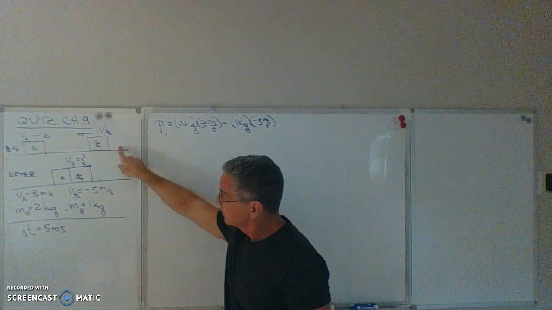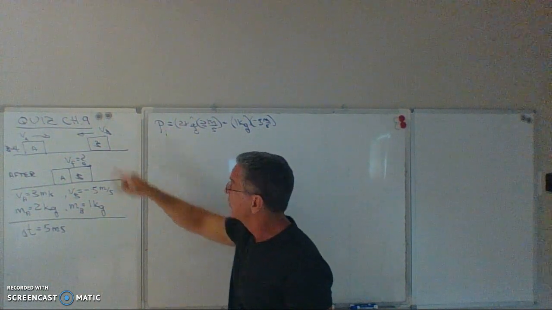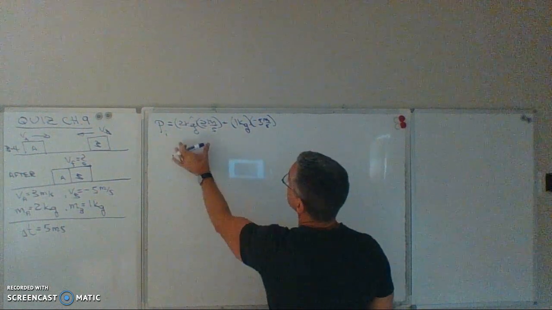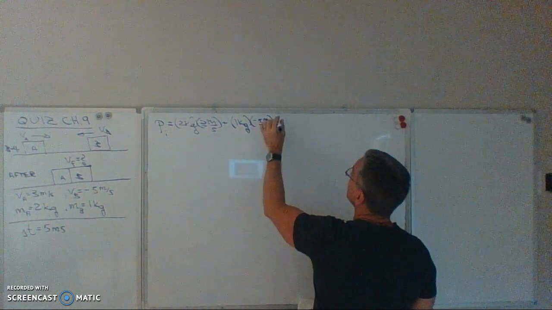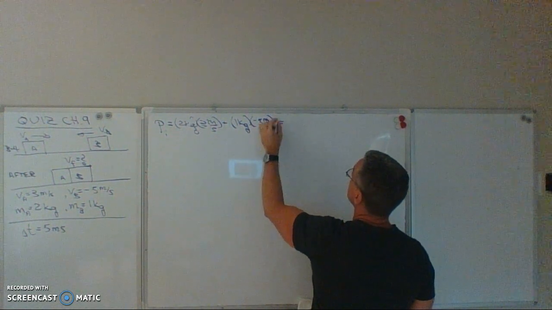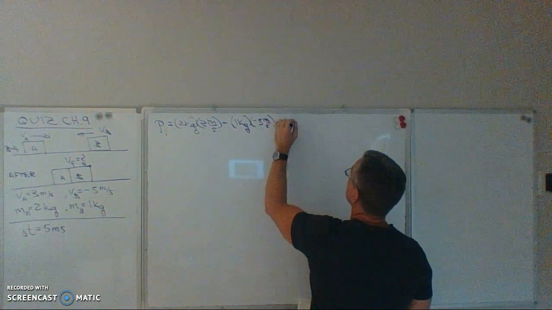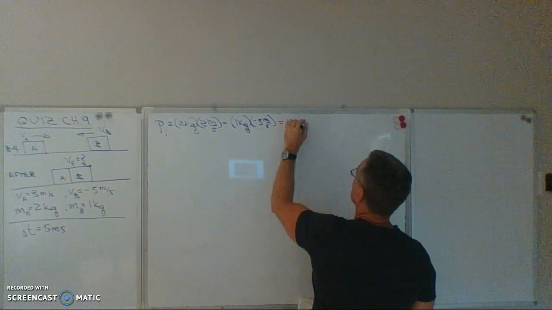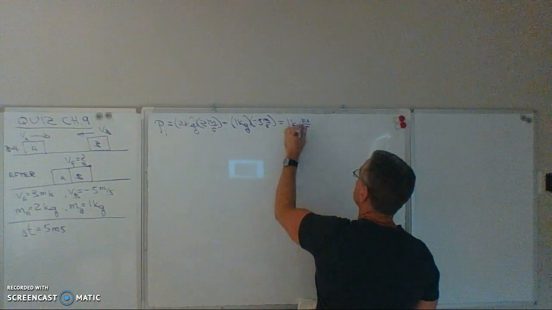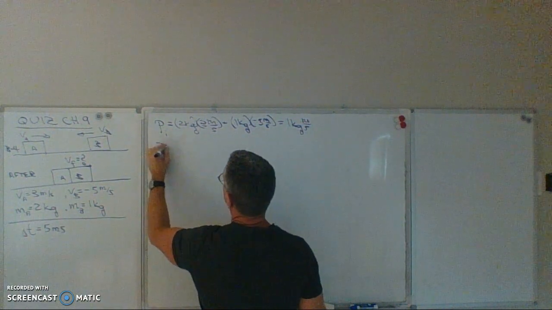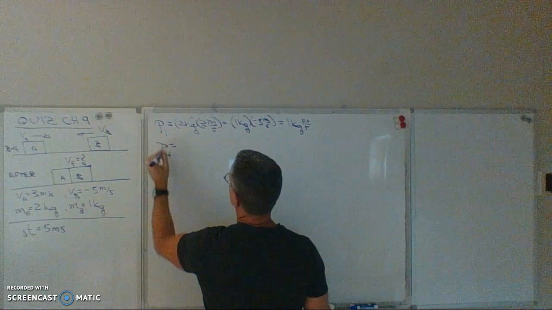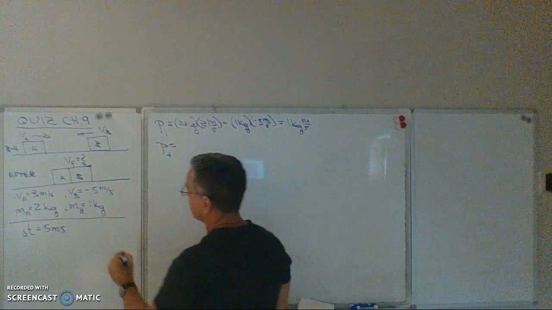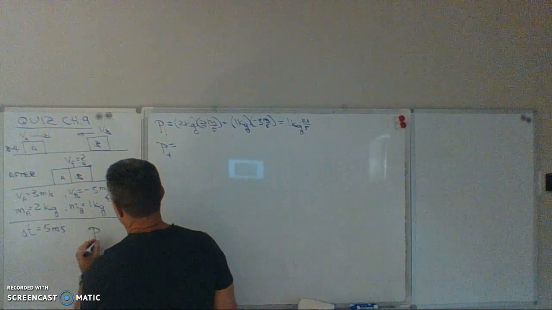So this momentum has to be negative, right? This is going to be 6 minus 5. So the total momentum of the system is 1 kilogram meter per second.